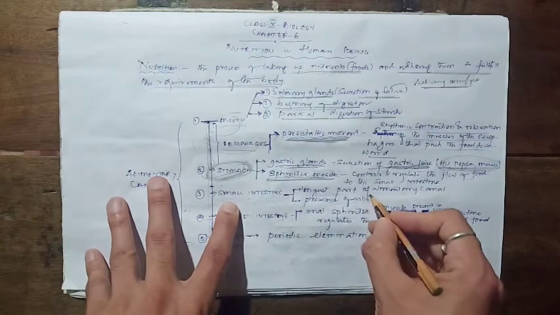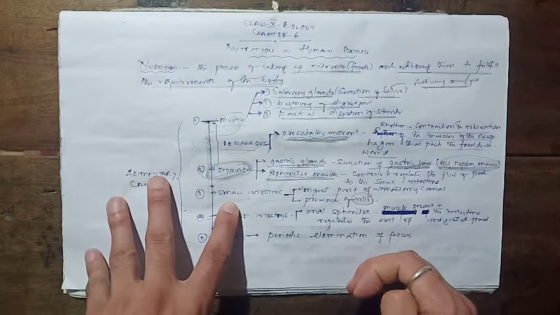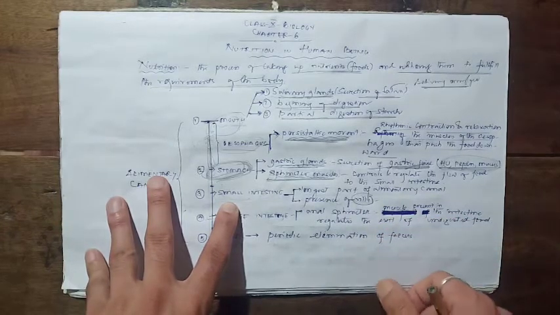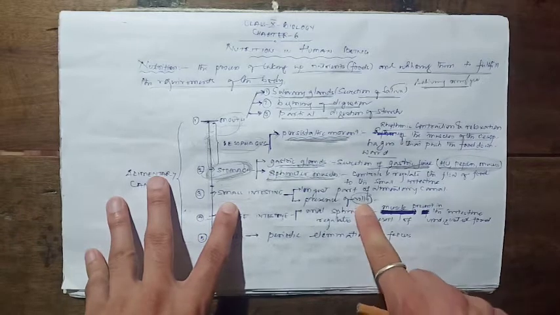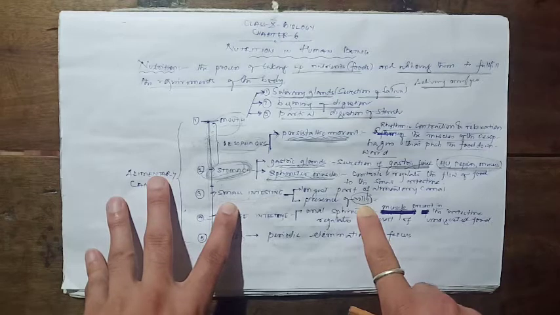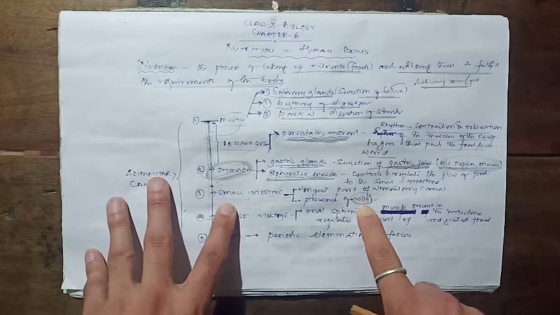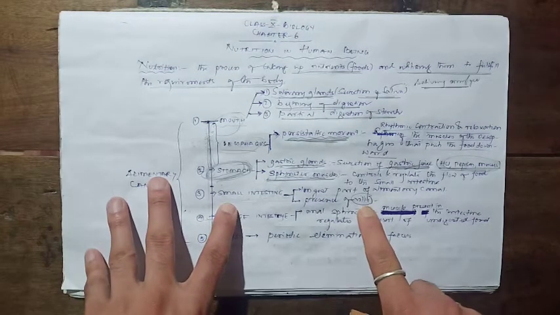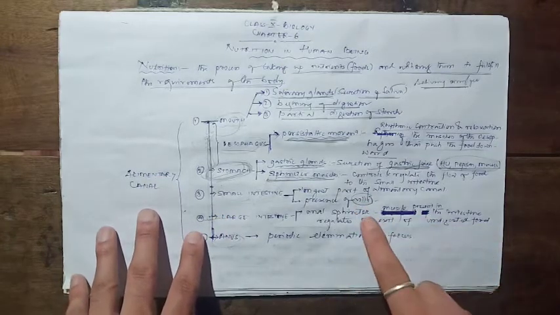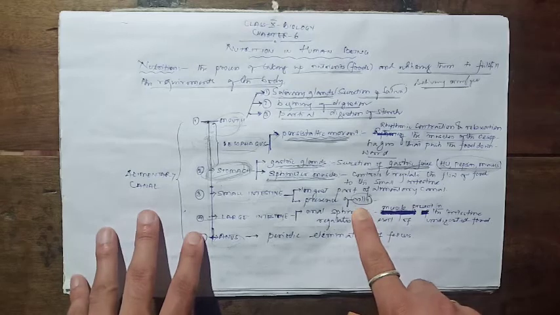Villi are finger-like projections present on the inner surface of the intestinal wall. The presence of villi makes for rapid absorption of the food. The digested food is absorbed very fast, which is possible because of these finger-like projections all around the inner surface of the intestine, that's villi.